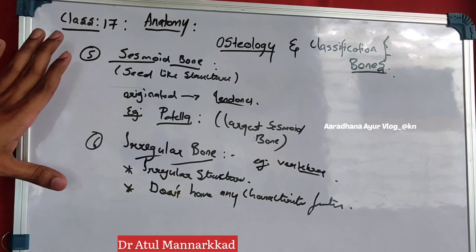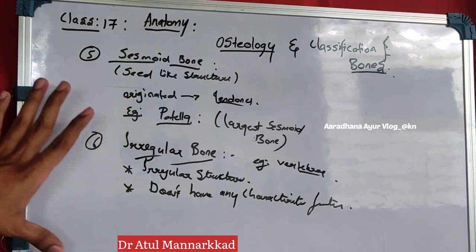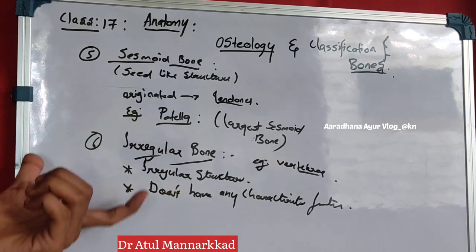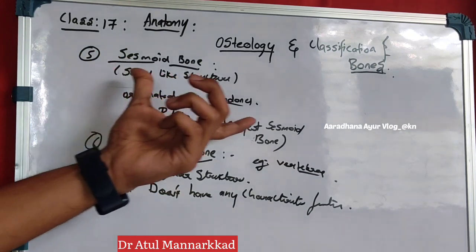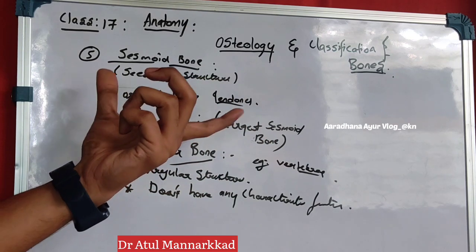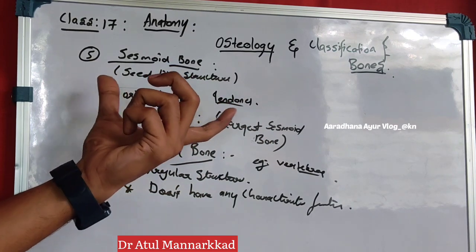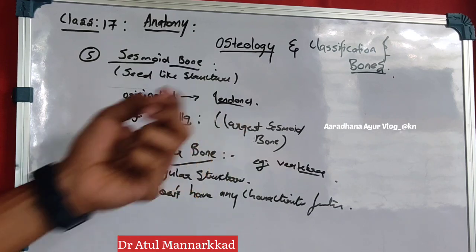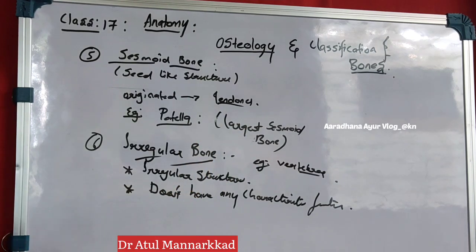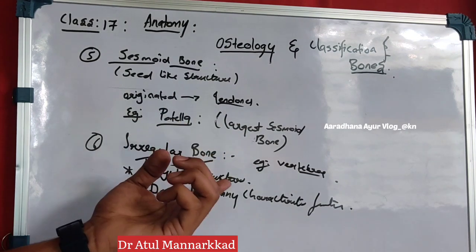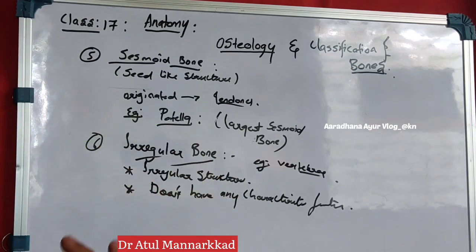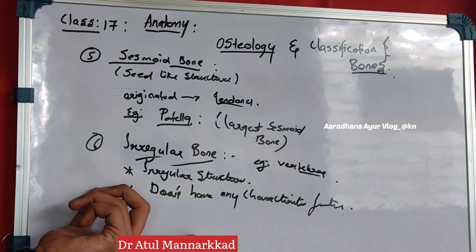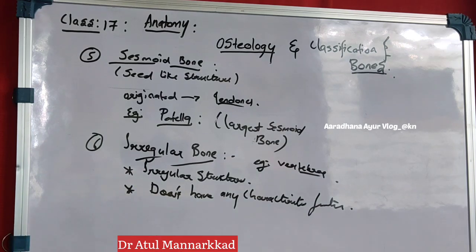Coming back to the video, the fifth type is sesamoid bones and the sixth is irregular bones. Sesamoid bones are seed-like structures originating from the tendon. The largest sesamoid bone is the patella, the knee bone. You can expect this in some entrance exams. Irregular bones are irregular in shape and don't have any characteristic features, like the vertebra.